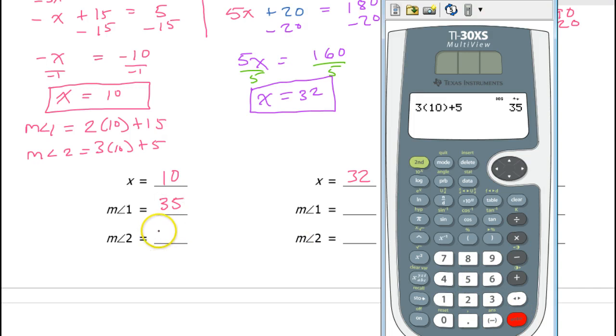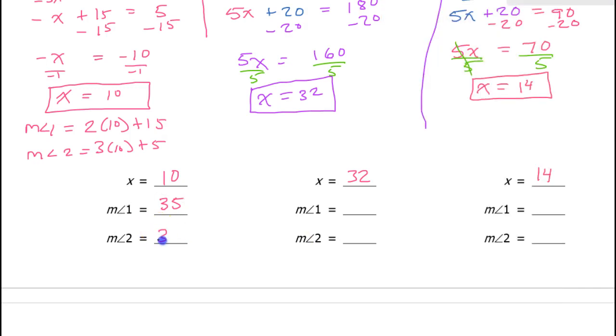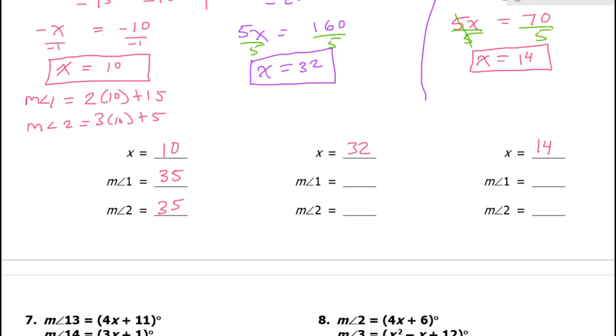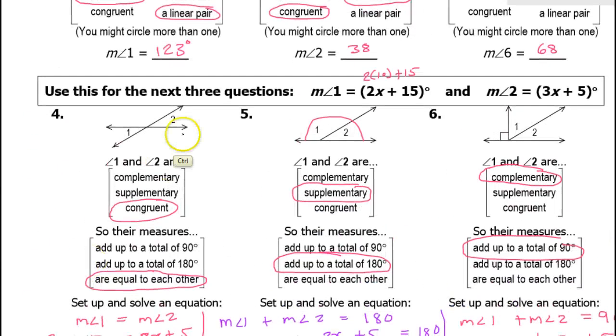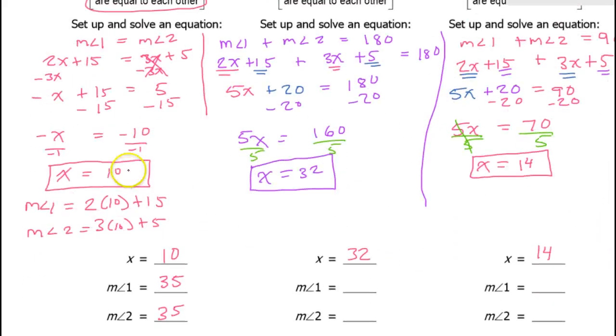That is also 35. Of course we knew they would be equal because they are vertical angles, so we knew they were congruent.